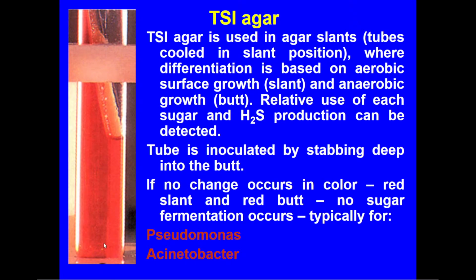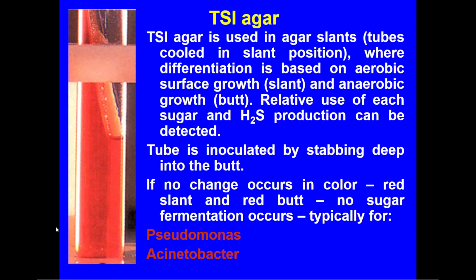So we have anaerobic conditions in the butt and aerobic in the slant. And the relative use of each sugar and hydrogen sulfide production can be detected.